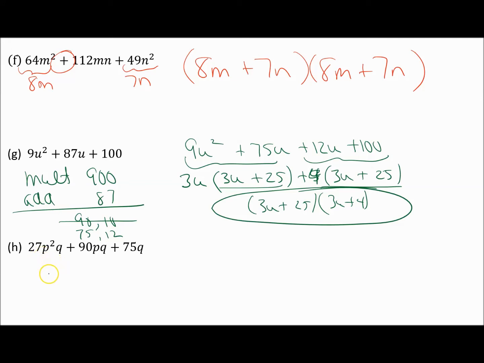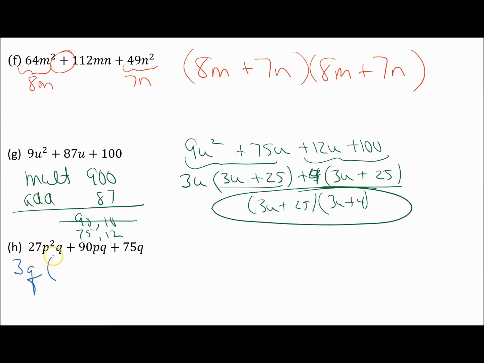No, that's not a perfect square. But look, every one of these has a q in it. And I do believe that at least 3 divides into all of these. So let's pull out a greatest common factor of 3q. Remember, that's the first step of every problem, to see if there's a greatest common factor. And if there is, pull it out.